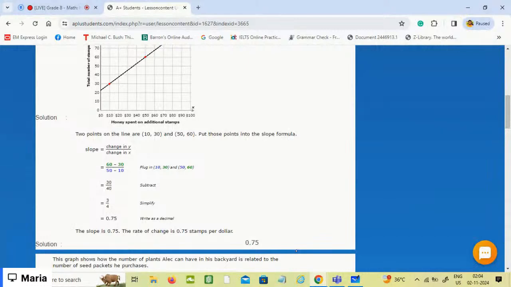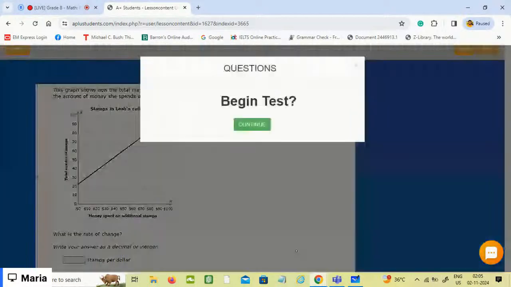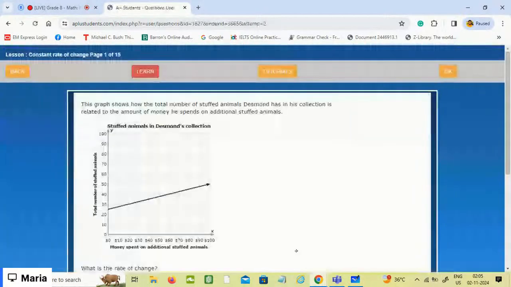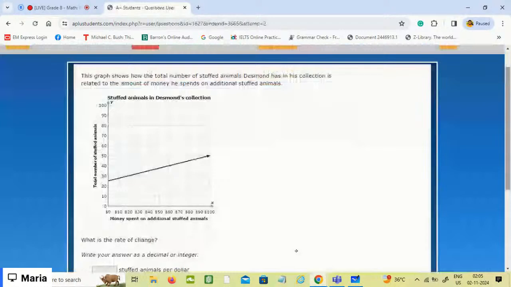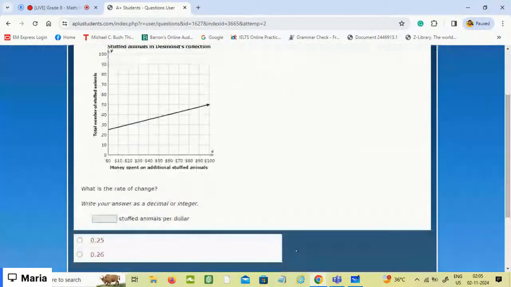Let's just start with the test questions. The graph shows how the total number of stuffed animals Desmond has in his collection is related to the amount of money he spends on additional stuffed animals. What is the rate of change? So let's just select any 2 points on the graph and calculate the slope, right? So here is the first one.